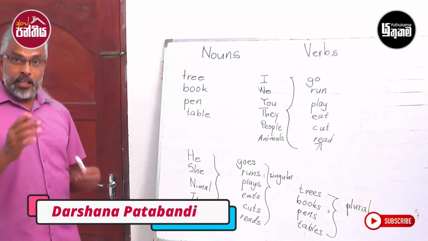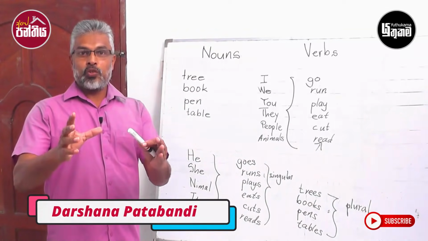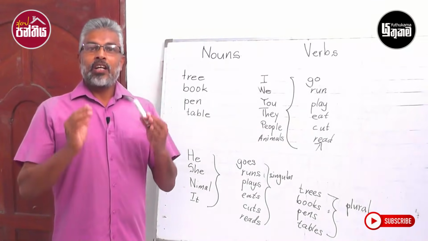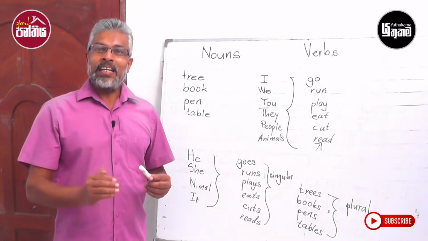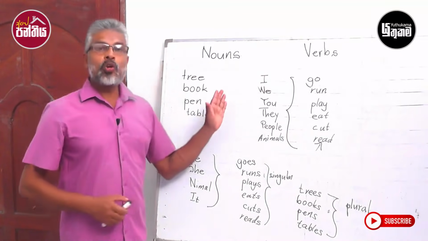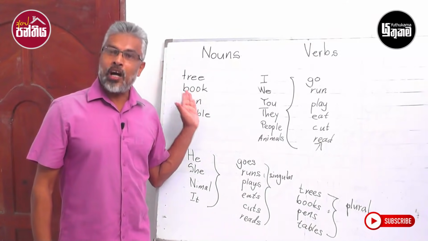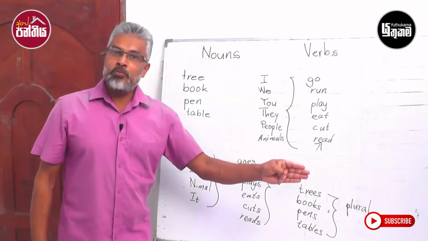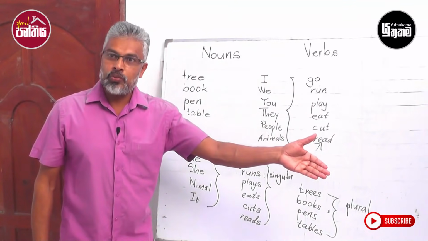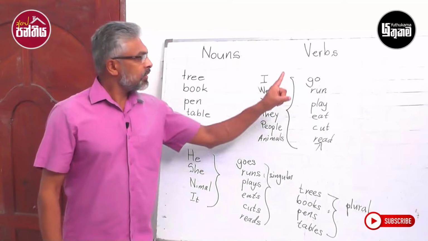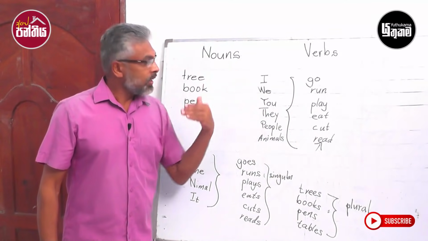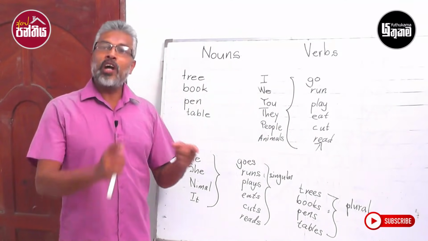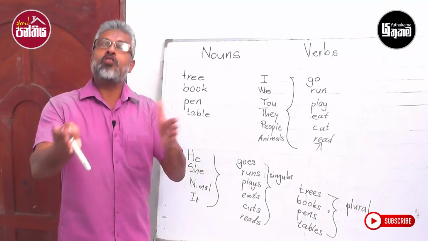What I want to teach you is this. Normally, in the English language, you remember all the nouns in their singular forms and verbs in their plural forms. So in order to make verbs singular, you add s, sometimes es or ies.